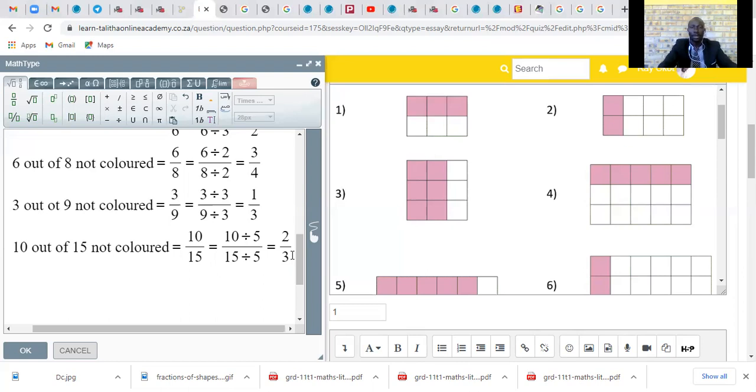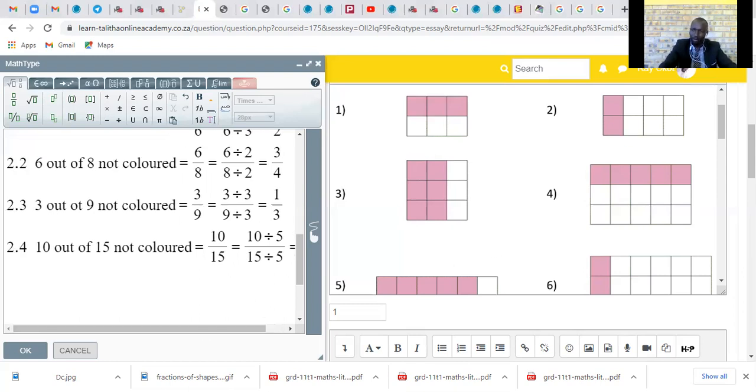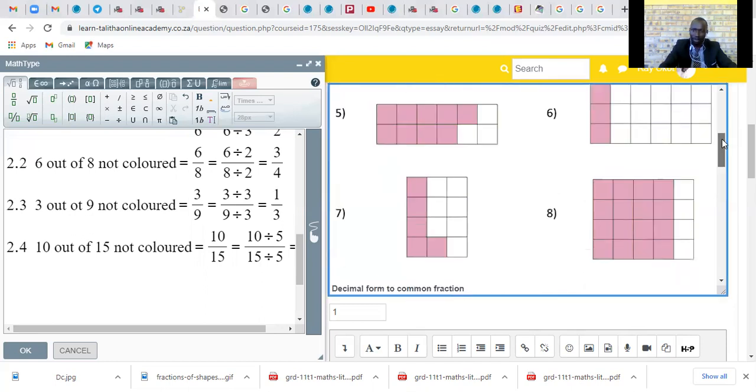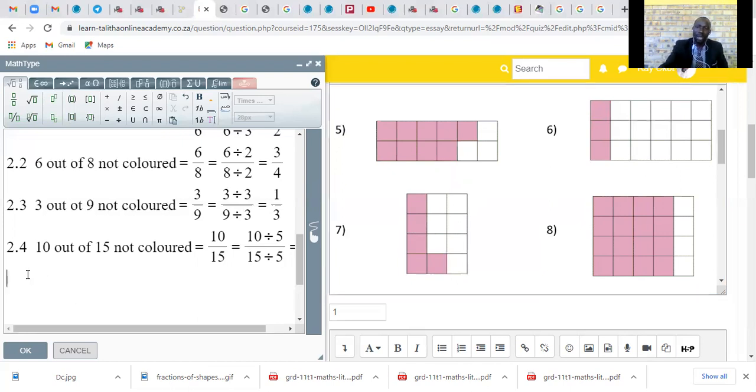Now if you look at the next question, which is 2.5 and 2.6, you will have to go through the same steps. For this, I would like you to try it out as a practice question. To do 2.5, you will have to count the number of squares that are not colored.